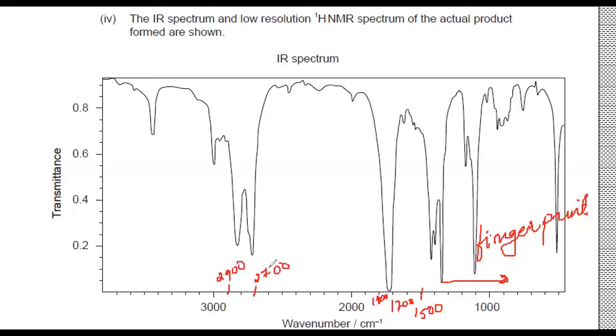So between 2700 and 2900 also we are having a very strong peak. So our aim is to identify which functional group in the molecule is giving rise to these two peaks. If we are able to identify that, we will be able to identify the functional groups present in the actual product that is being formed, and from that we will be able to have a partial conclusion regarding whether A is the product or B is the product.